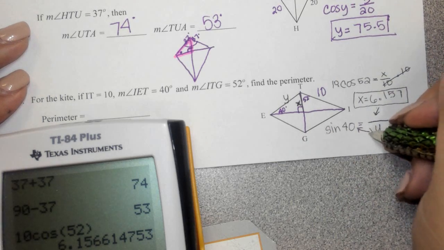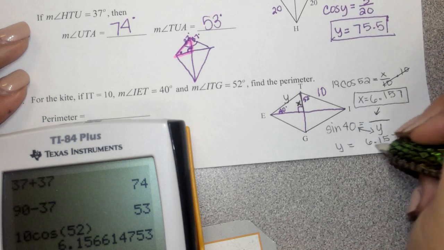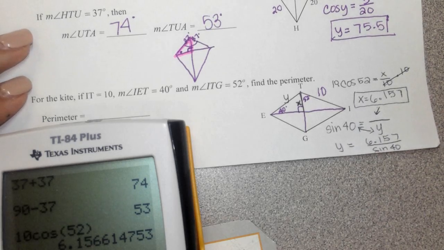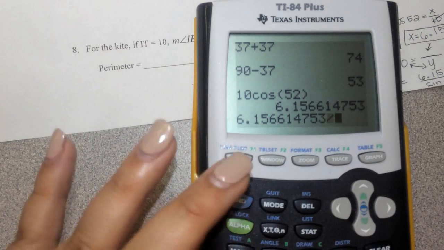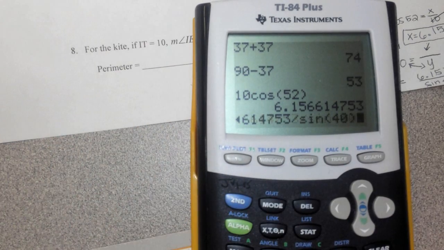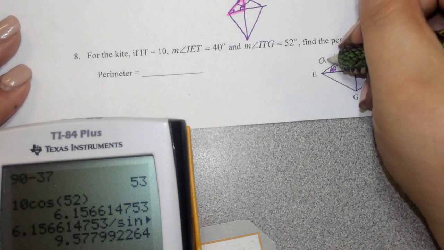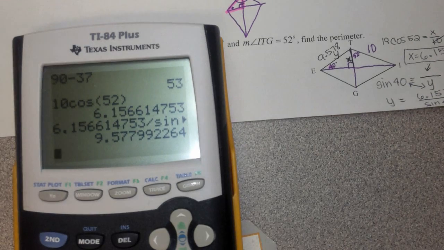You switch them. So Y is going to equal 6.157 over the sine of 40. Now again, so you don't have rounding issues, take that number up there and divide by the sine of 40. And this side length is 9.578. Does that make sense?